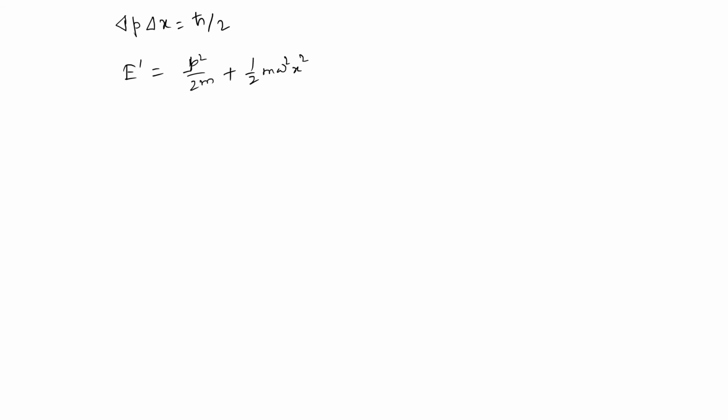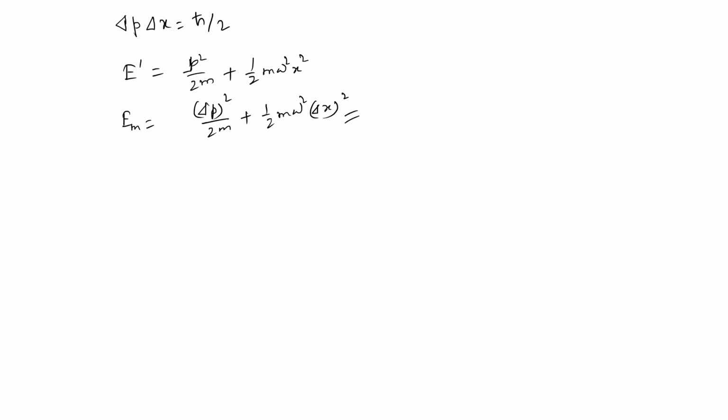So the minimum energy must be delta p square by 2m plus half m omega square delta x square, because delta p is the error or minimum value of the linear momentum and delta x is the deviation or minimum value of the position. So the minimum energy can be written by this equation.